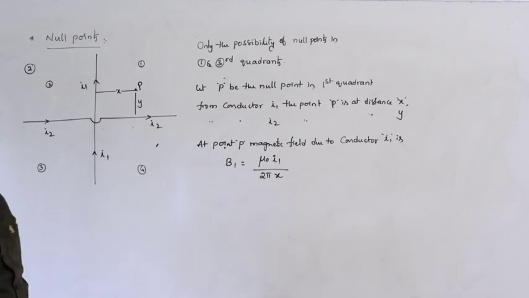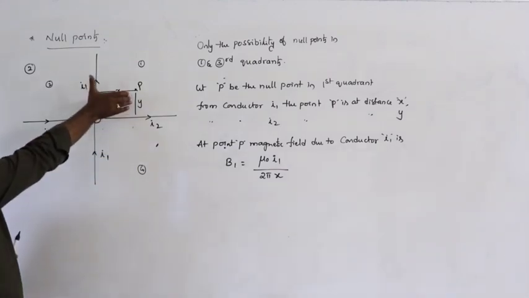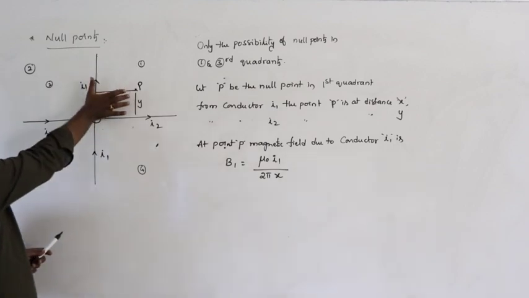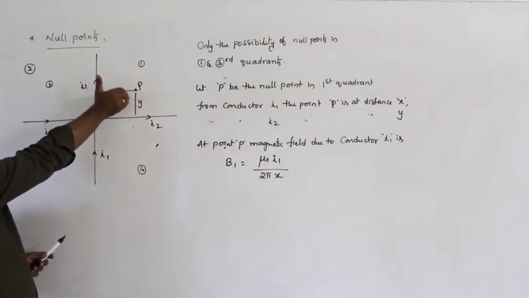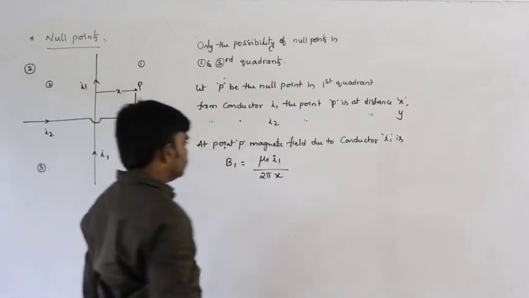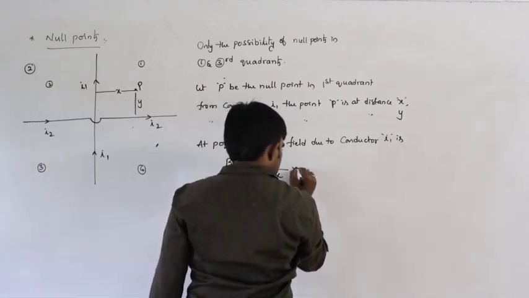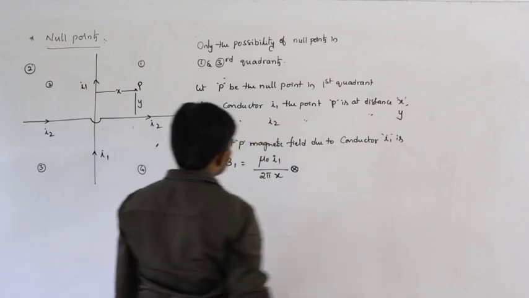What is the direction of the magnetic field? The thumb indicates the direction of the current, curling of the fingers indicates the direction of the magnetic field. This is inwards.